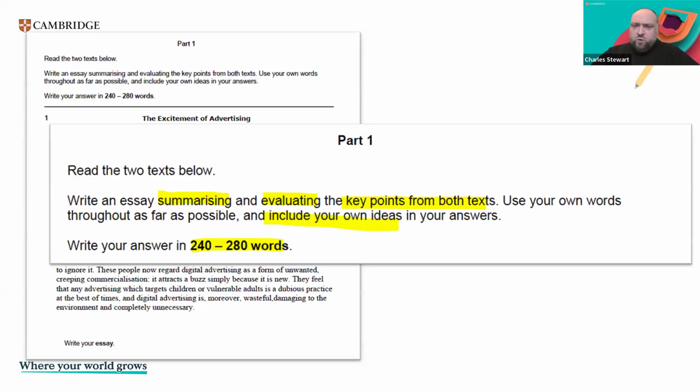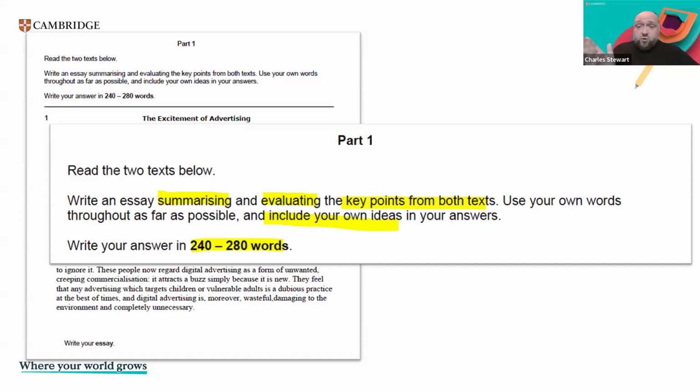If you have fewer words, it will not affect your score as such. But if you have less than 240 words, you are more than likely not adequately explaining and summarizing and evaluating both texts because you do need at least 240 words to do this.